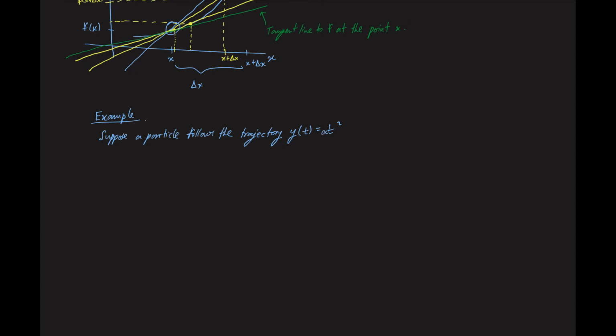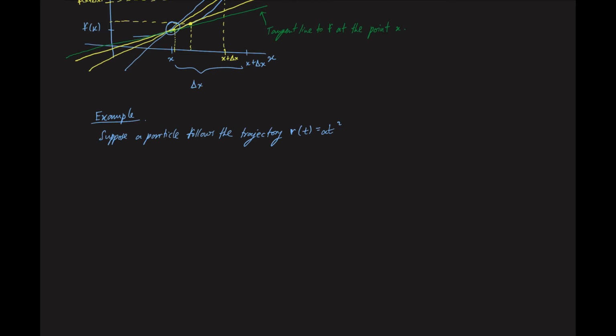Let's say that constant is a, so that the dimensions work out. So it follows the trajectory a times t squared, where t is time and y is the distance the particle travels. Let's change from y and make it r. So the trajectory it follows, r of t, is equal to a times t squared.